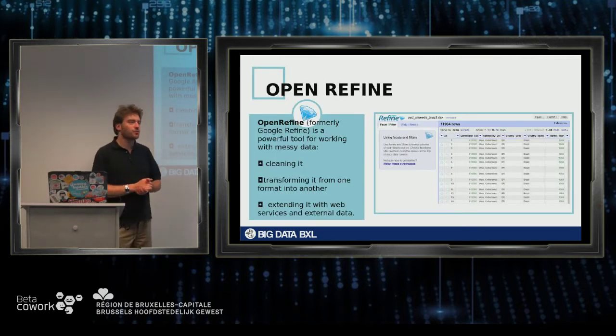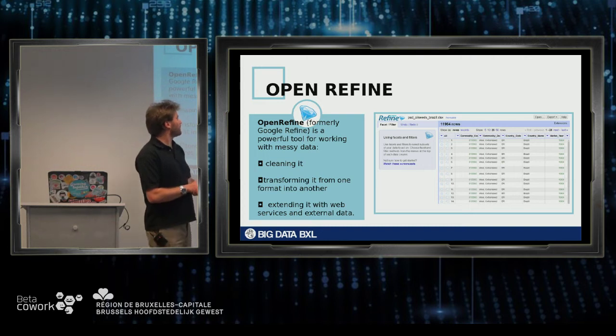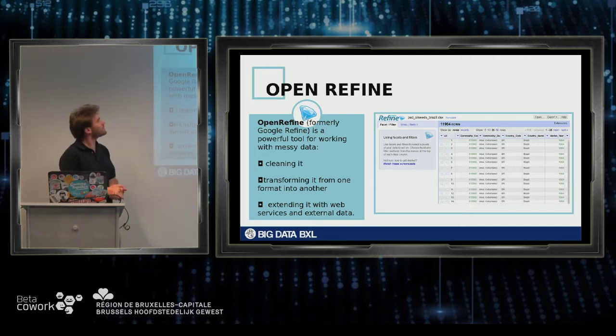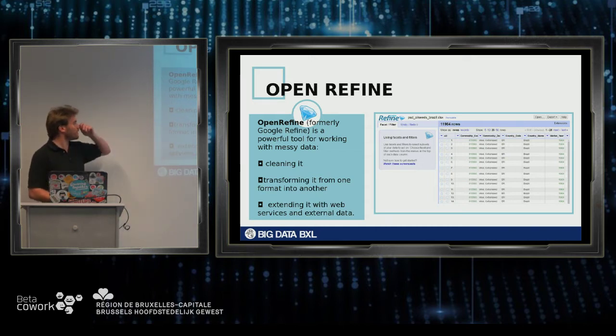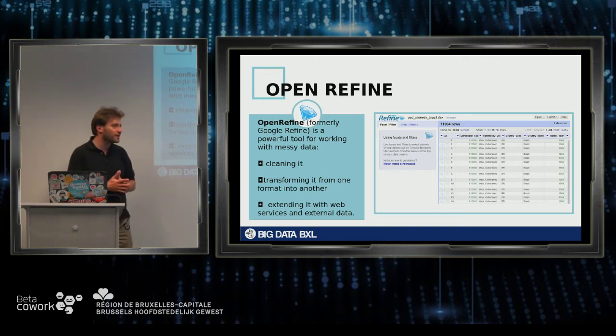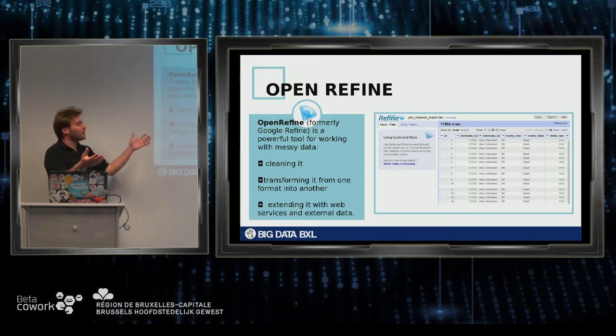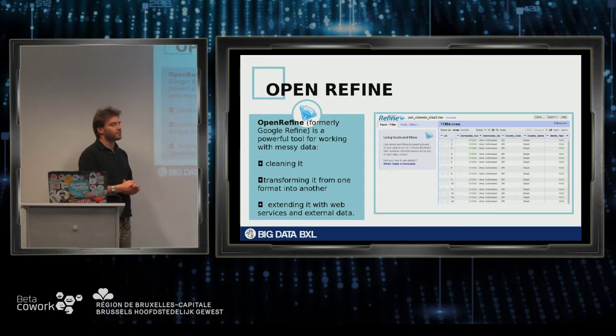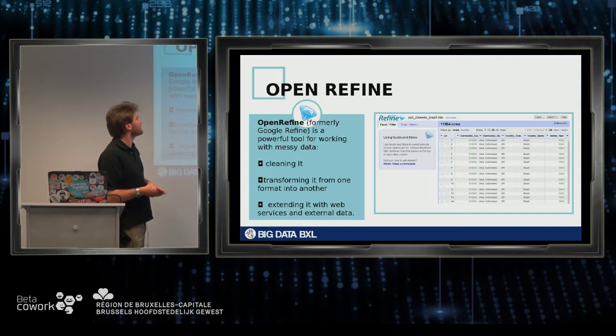And this is where we come to OpenRefine. So OpenRefine, what is it? It used to be called Google Refine, and before that it was a specialized company that created this software. Then Google bought them, and 2 years later they made the software available to the community.